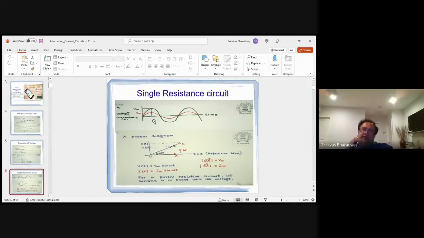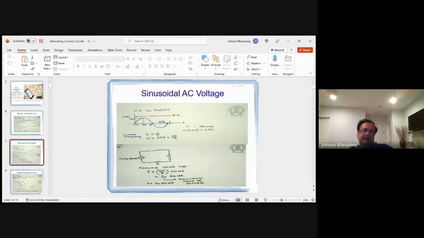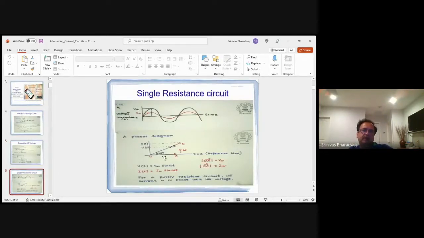So when you connect this circuit to a capacitor or an inductor, the phasor diagram will switch. Let's say this is A, OA is the voltage Vm, and Im is also along the same line, OC, for a purely resistive circuit. It will be in phase. That's what they mean by in phase.